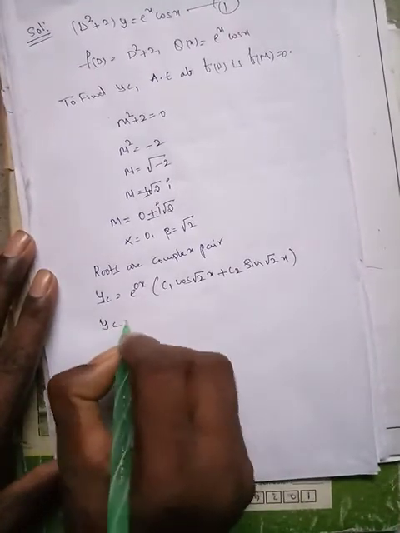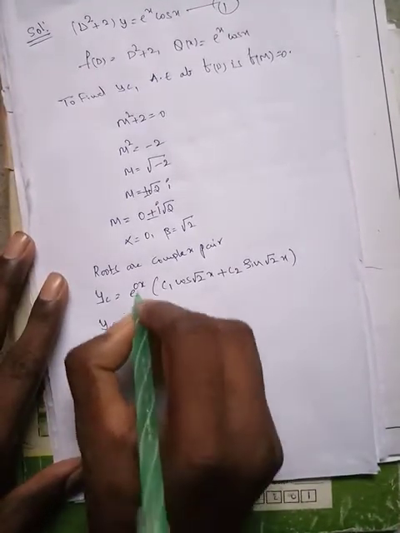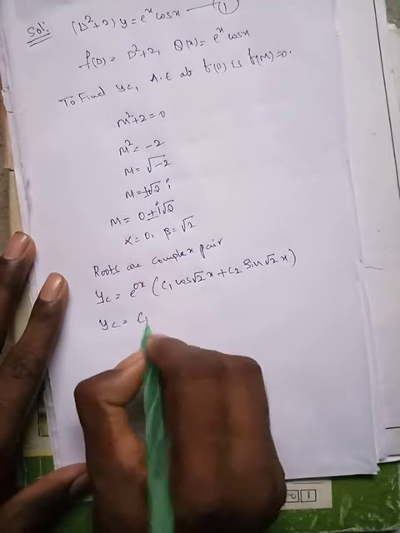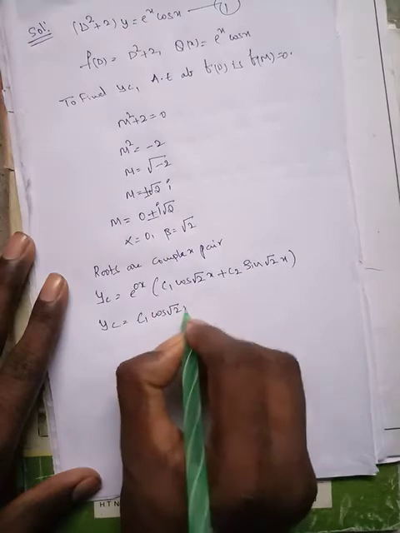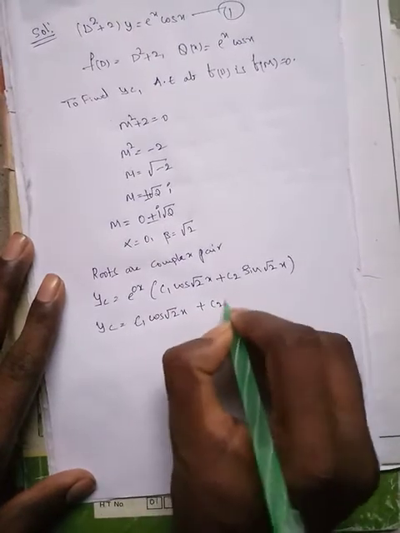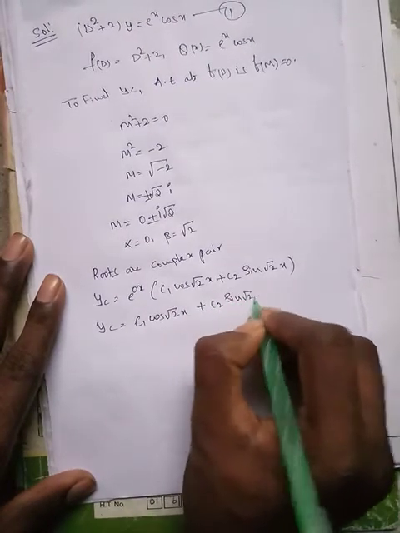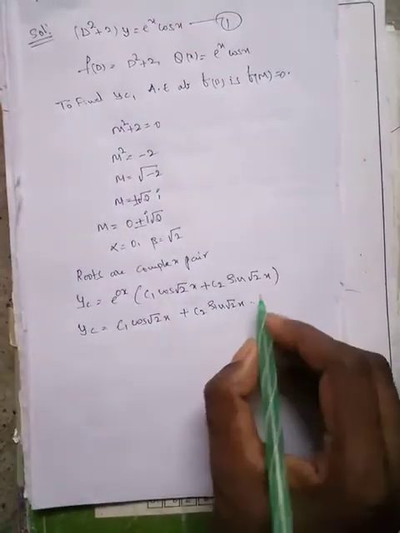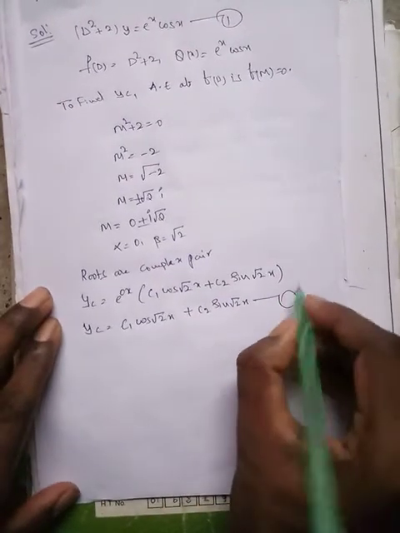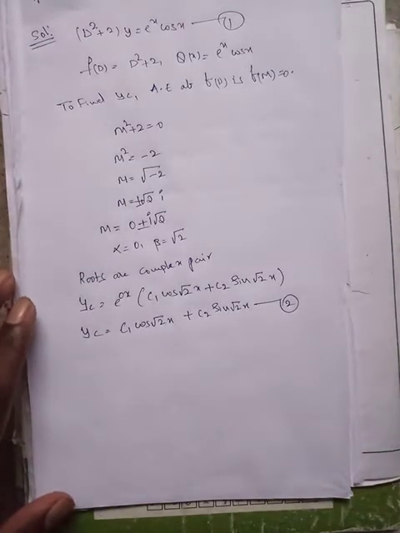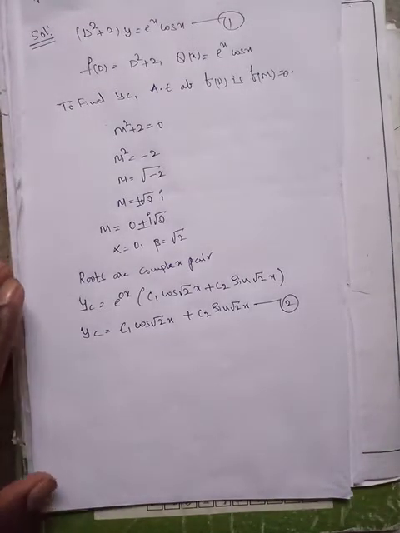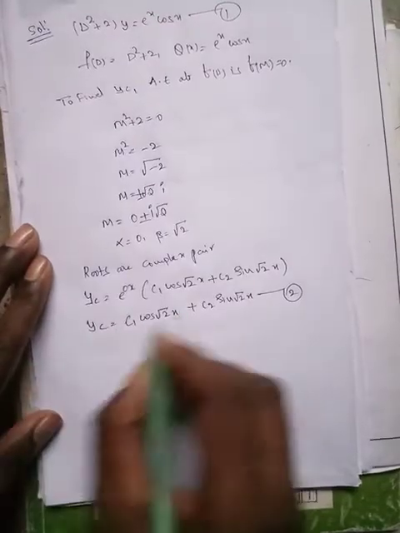So finally yc becomes e power 0x, which is 1. So finally yc is c1 cos root 2 x plus c2 sin root 2 x, right? So this is our yc. I am taking this as equation 2, right? Okay, now our yc part is over.